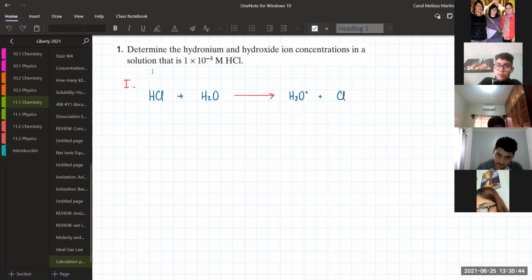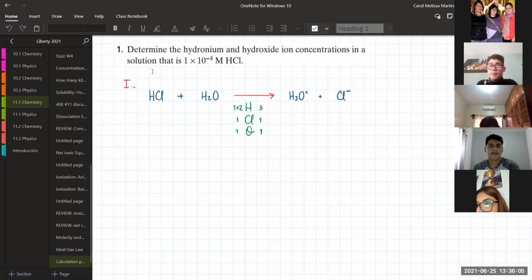Is the equation already balanced? Yes, it is balanced. If it's already balanced, it means the coefficients are going to be 1.